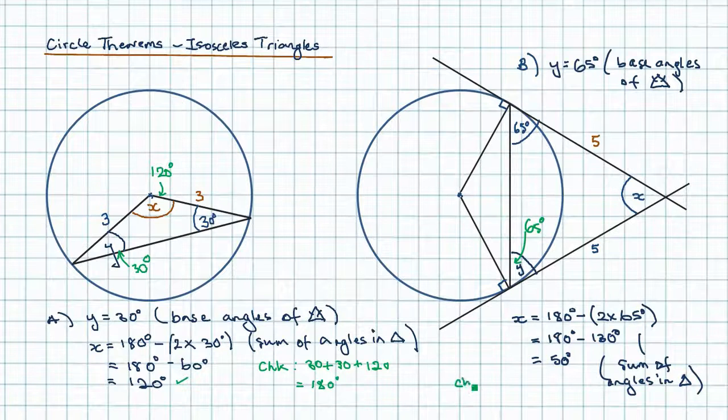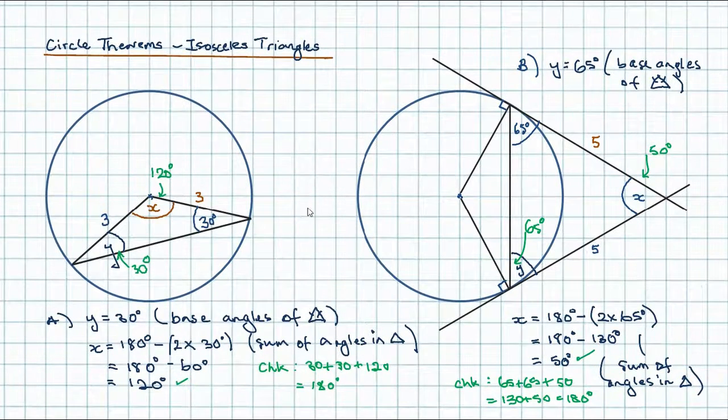We can now add up, so let's write check: 65 plus 65, and here we've calculated that this must be 50, so plus 50 gives us 130 plus 50 equals 180.